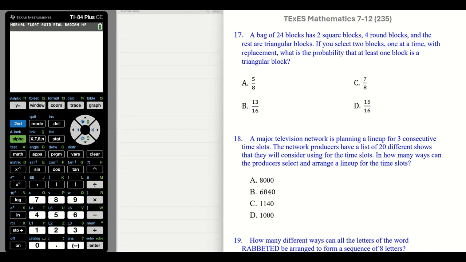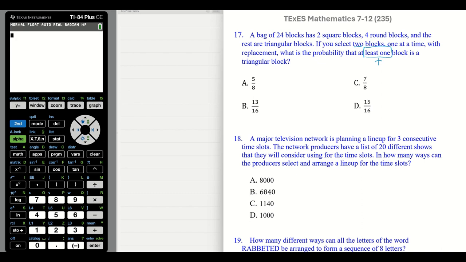Well, I saw at least one. This means we have an or, one or the other, which means addition. Now, can the same blocks be drawn? We're drawing 2 times. Yes, we could draw a rectangular block on both occasions, both events.